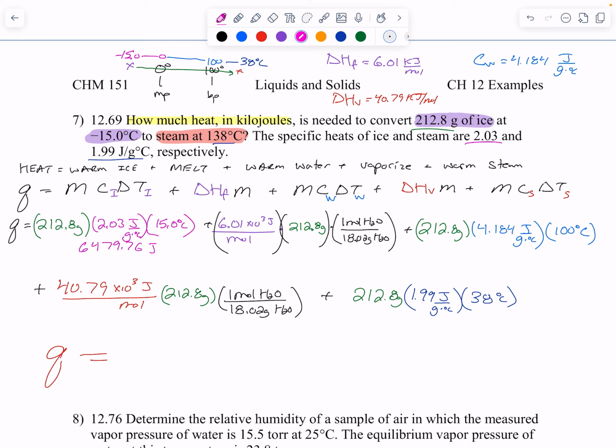The second term, I get 70972.7. Third term, I get 89035.5 joules.